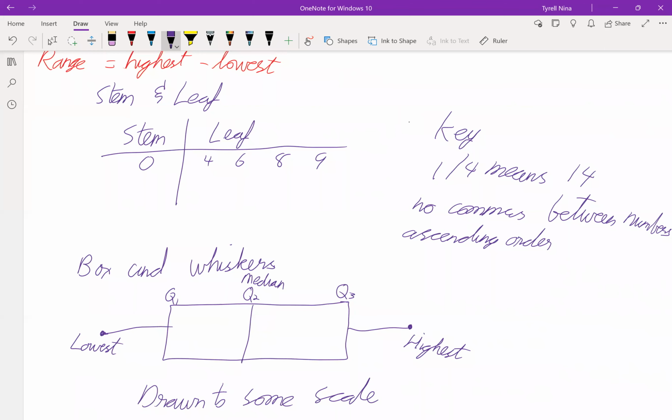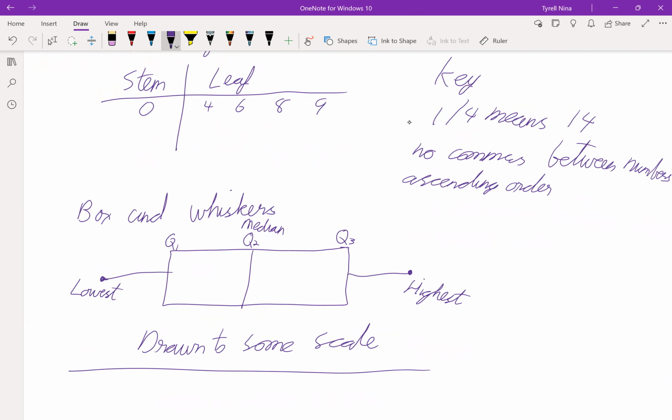So make sure you put like 1, 2, 3, 4, 5, whatever it is. Yeah, that's about it, really.